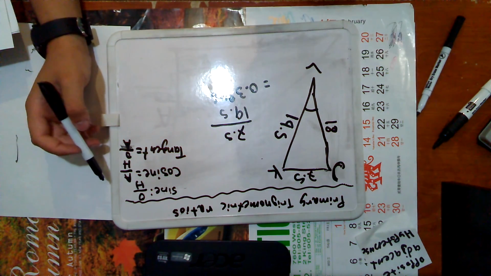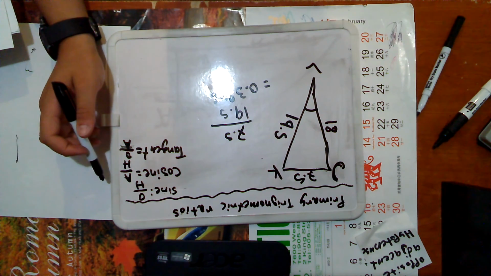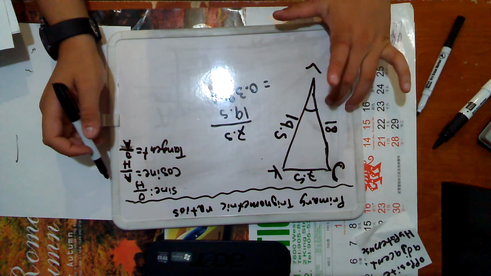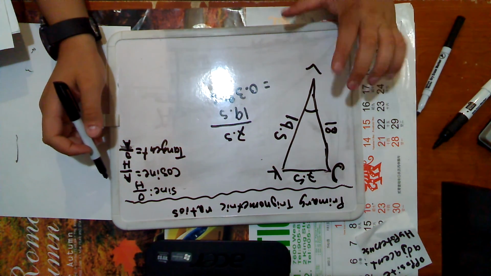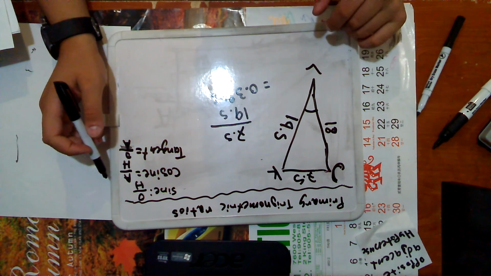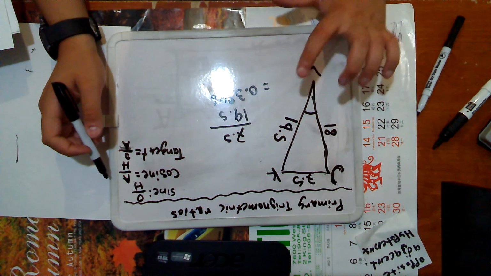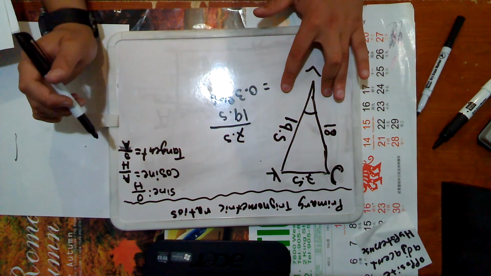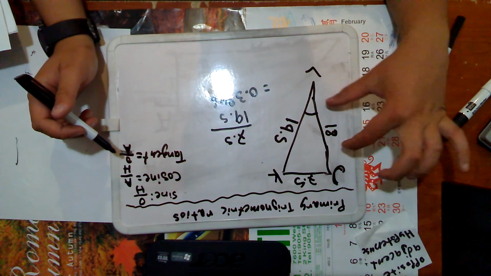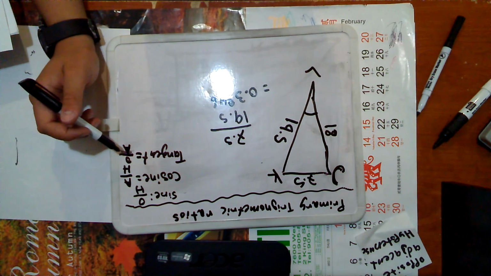Now, most people get mixed up with opposite and hypotenuse. Why? Let's say I wanted you to find cosine. They're going to see 18 here and 19.5 at the reference angle right here.